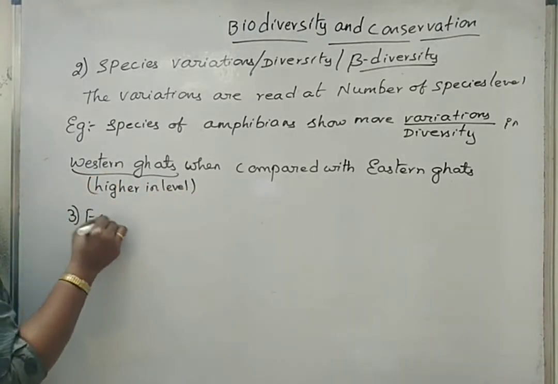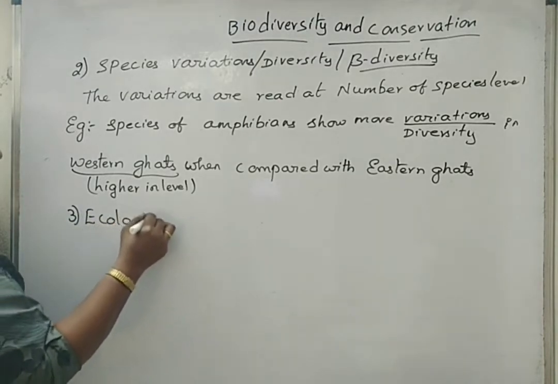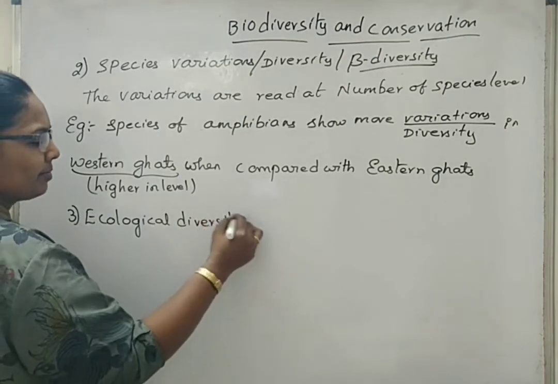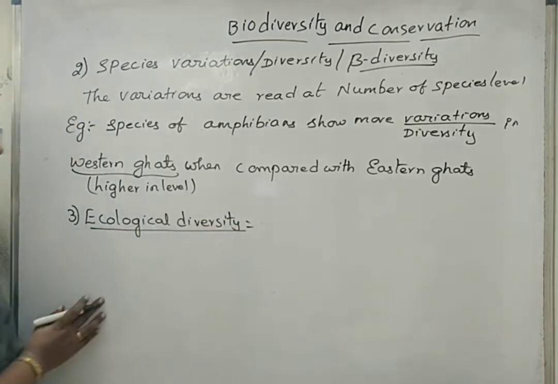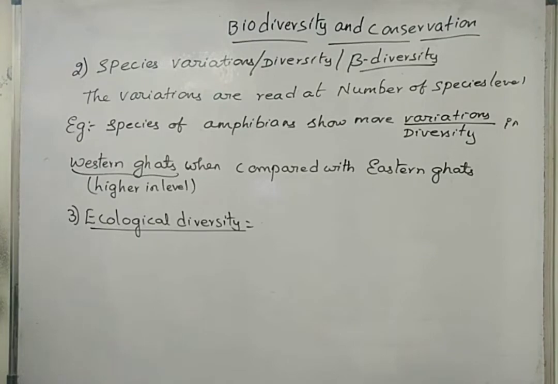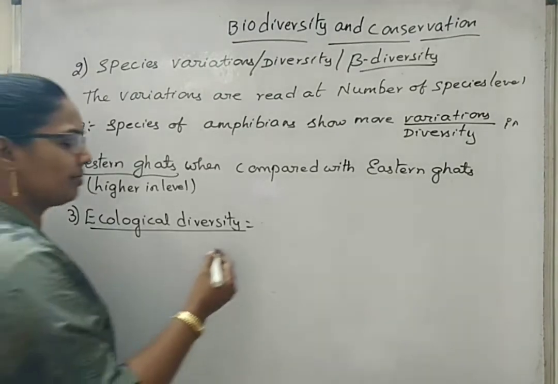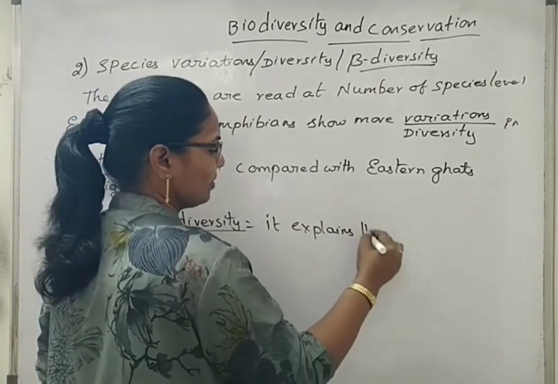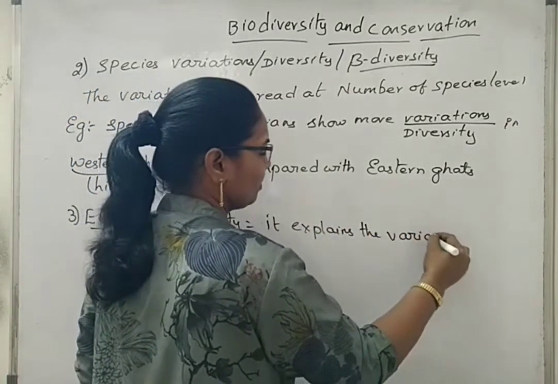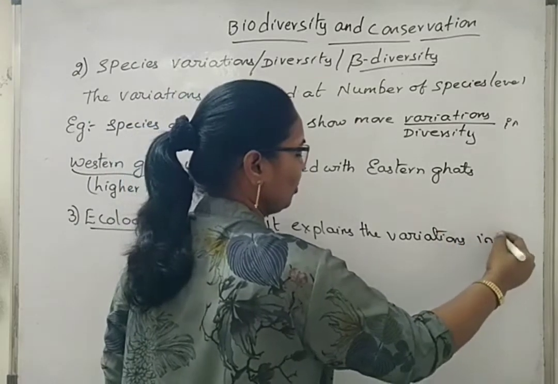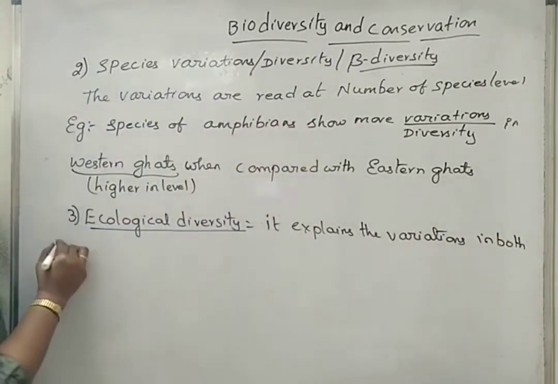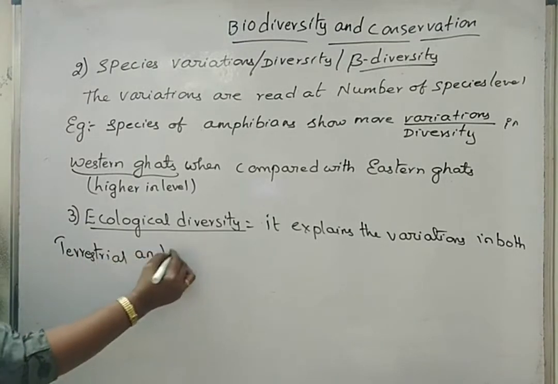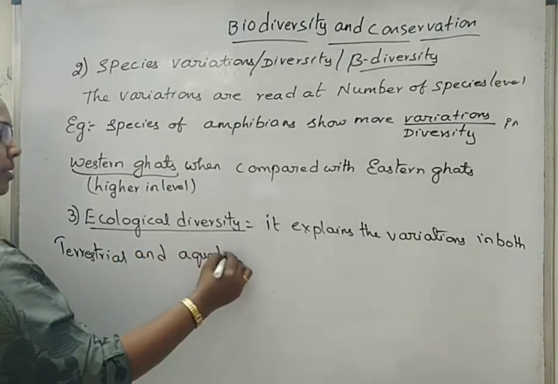Third one is ecological diversity or ecological variations. Here we read the diversity or the variations in both terrestrial and aquatic ecosystems.